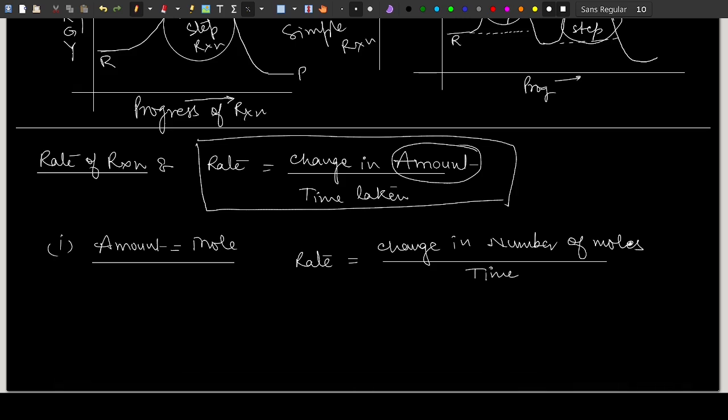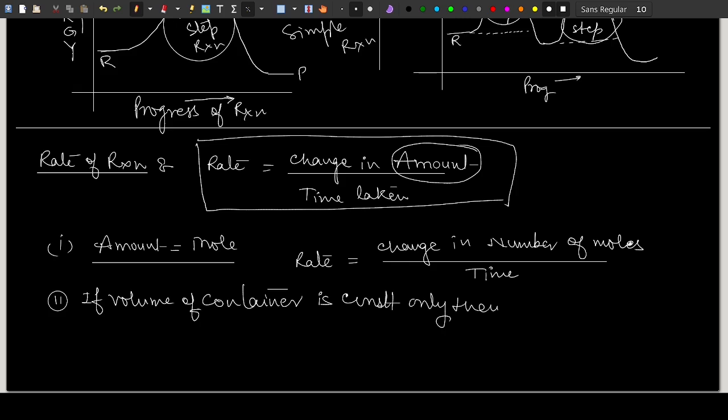After this we can say, if the volume of the container is constant, only then amount is equal to mole per liter.